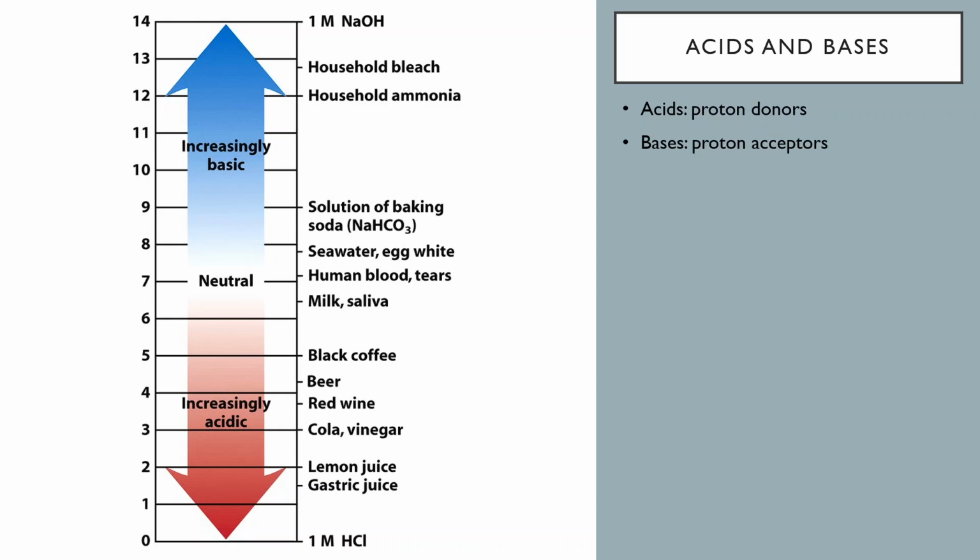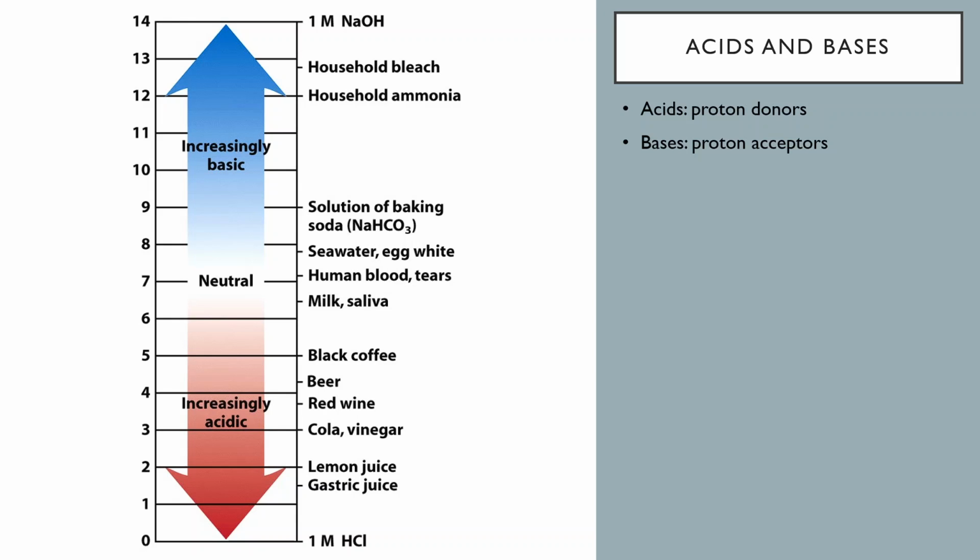At the other end, you have basic solutions. Seawater is a little bit more basic than plain water, and at the very high end, you have things like ammonia and bleach, which are used as cleaning solutions because they take protons away from solutions. At very high pHs, you have very low proton concentration, all the way up to a 1 molar solution of sodium hydroxide.